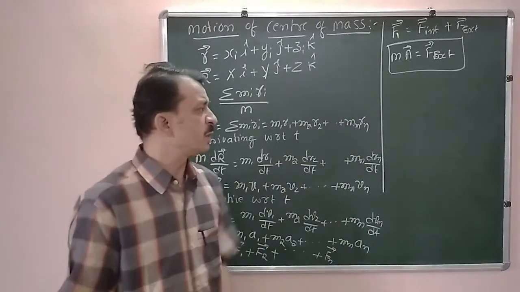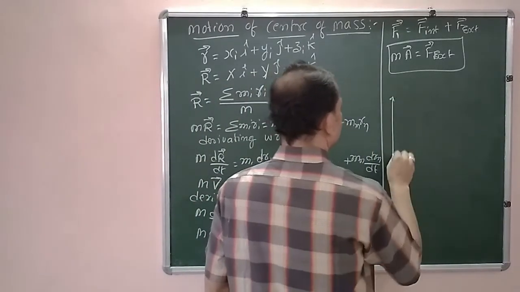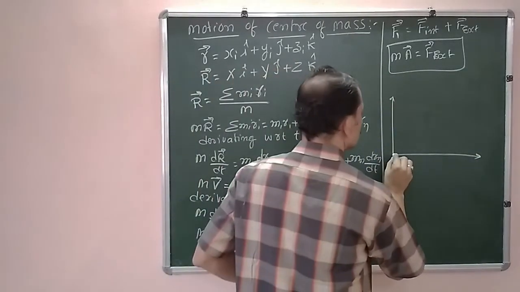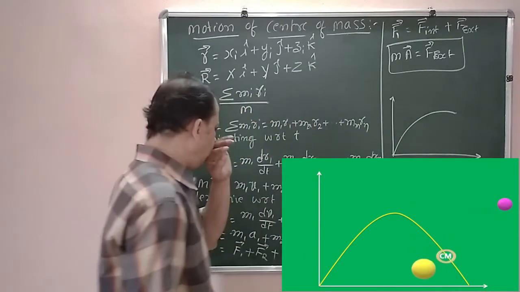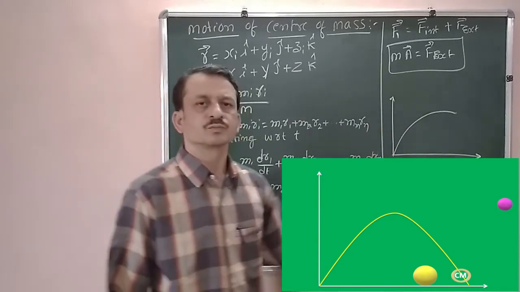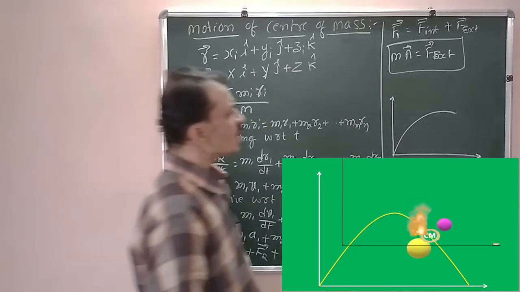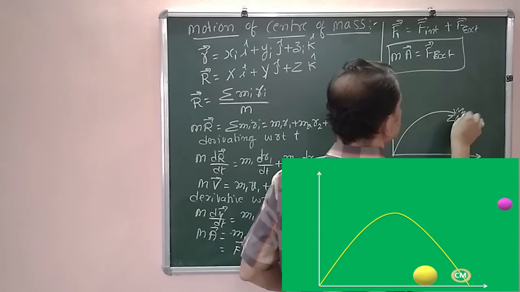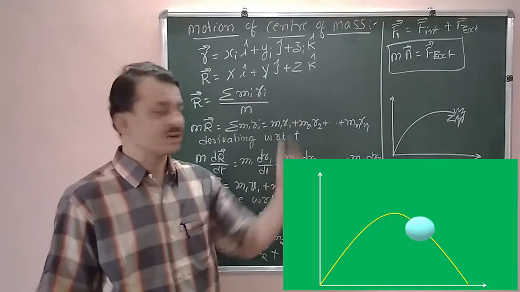Now it can be explained by using a simple example. Consider a projectile that is thrown from here. It is moving in a parabolic path, as we have studied. Assume that at this point the projectile explodes in mid-air.